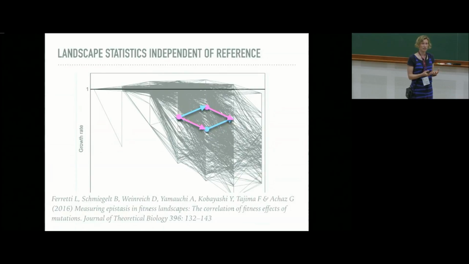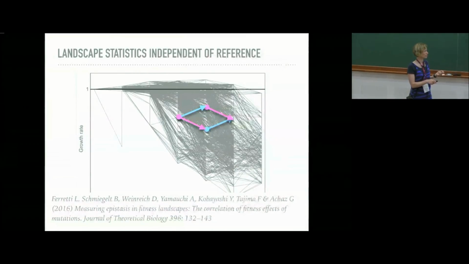And that is basically this measure that Guillaume Achaz and his colleagues proposed, which just looks into the correlation of fitness effects across the whole landscape. And then you can do this based on every mutation, every genotype in the landscape, average over all of them, and that will give you some information about how much epistasis you have in the landscape.